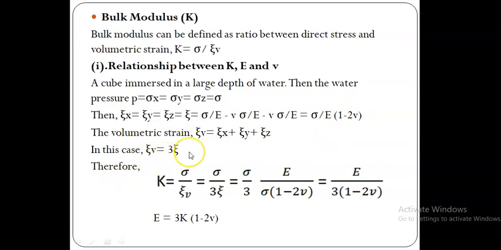Therefore the volumetric strain can be calculated, that is epsilon V is equal to epsilon x plus epsilon y plus epsilon z.